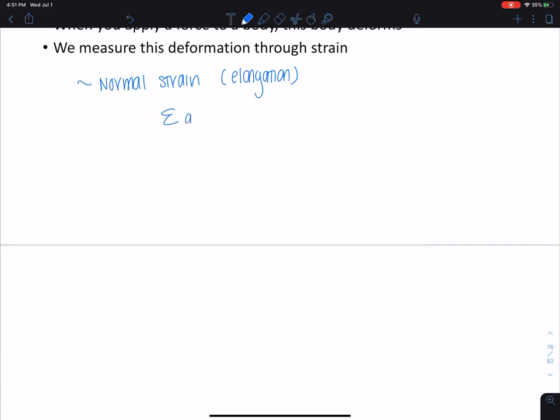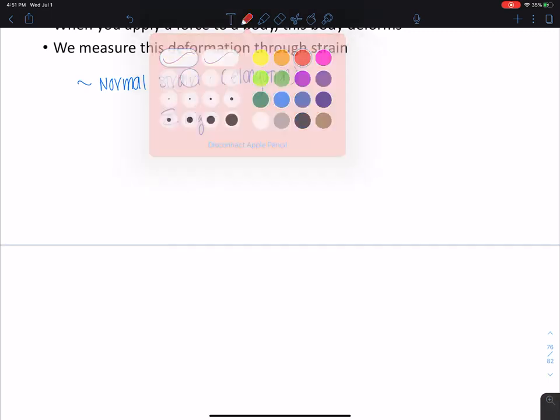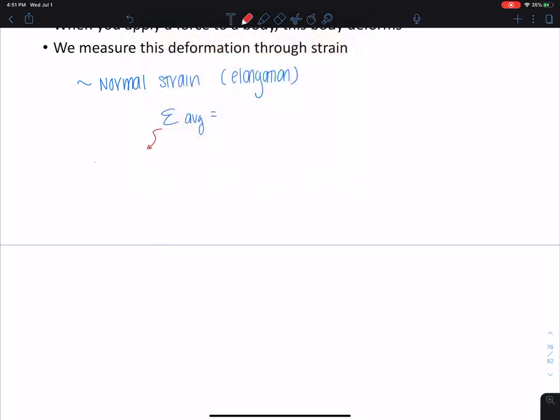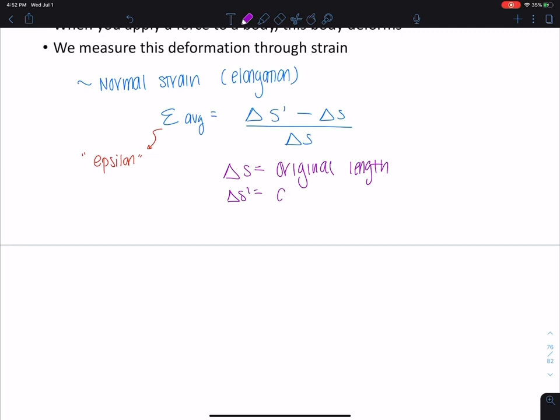So we usually find the average strain, and if you hear me use the term epsilon, that's what this Greek letter is. We would define that as delta S prime minus delta S divided by delta S. And I'll define what each of these are. So delta S is my original length of a member, and delta S prime is my deformed length.